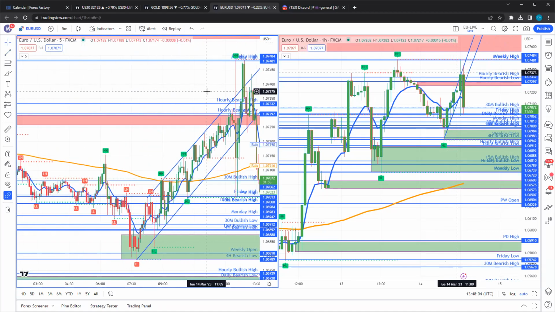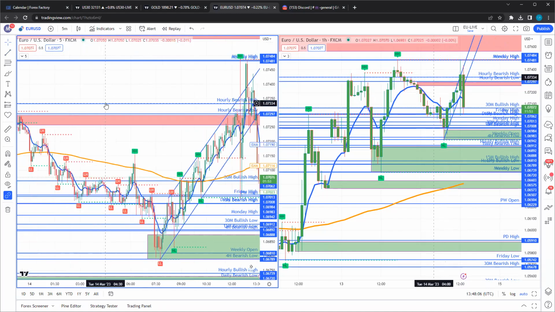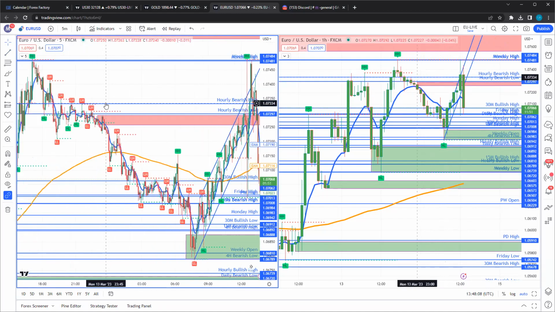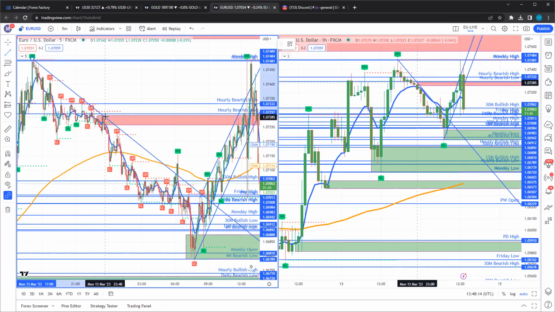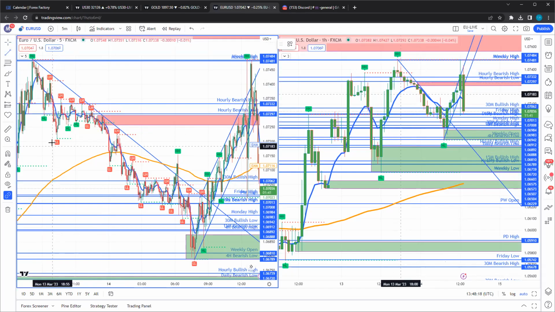And then I have another trend line here. I think it came here. So I'm just trying to redo what I have on my MT4.